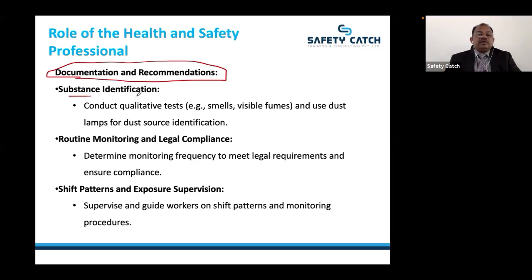So, substance identification: suppose there is an abnormal smell during your inspection as a safety officer. Immediately you have to alert the industrial hygienist that there is some abnormal smell coming in this area or some abnormal dust settling down. So that identification, that risk assessment is to be done by us.